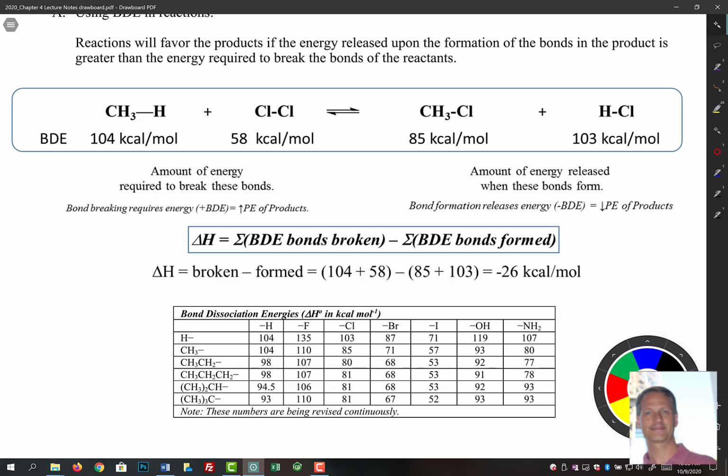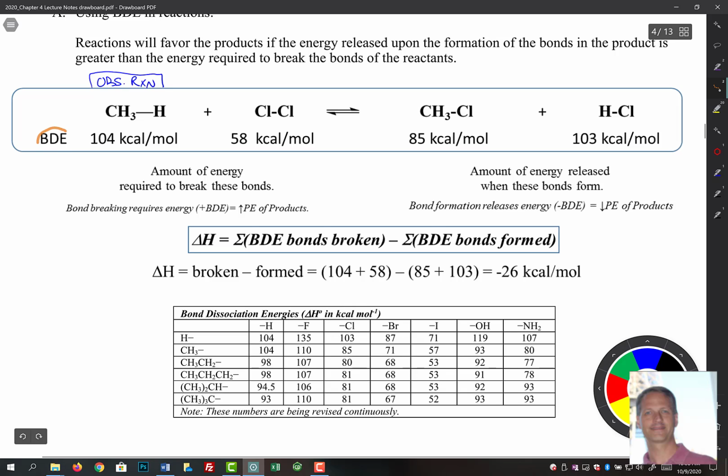If we look at this reaction, this is an observed reaction. This is a free radical reaction, and we're starting off here with methane. We're adding to that chlorine, and we're getting an alkyl halide and hydrochloric acid.